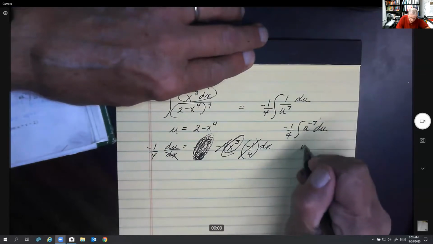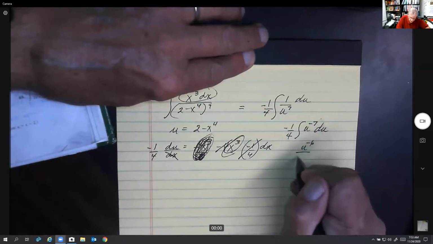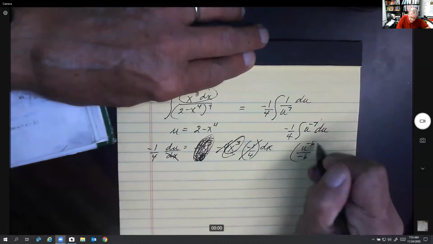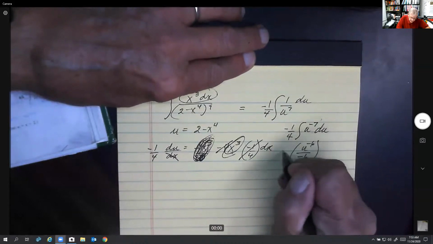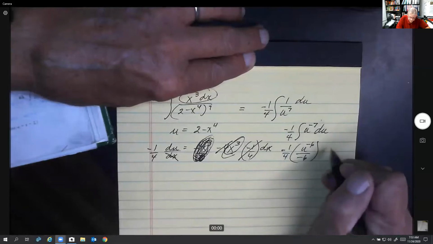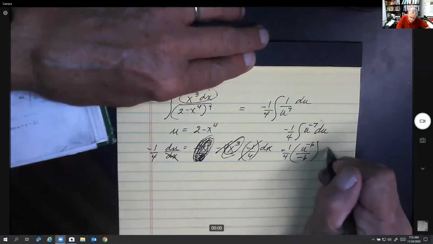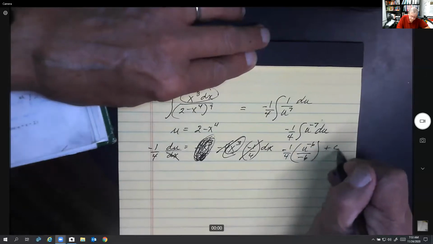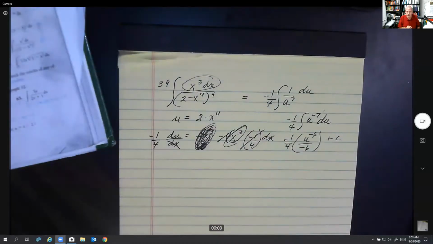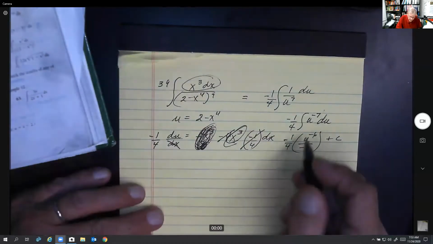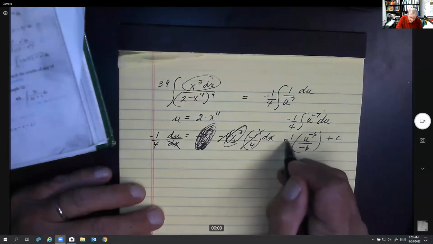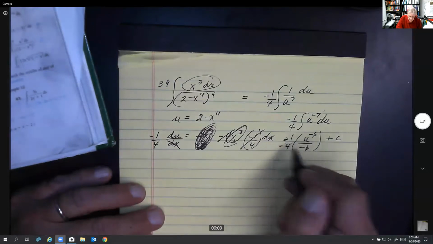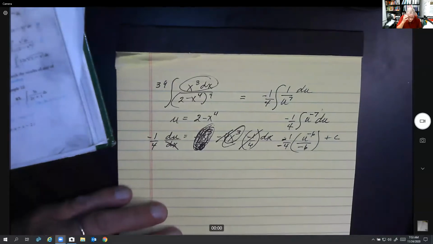So that'd be u to the negative 6 over negative 6 times the negative 1/4, plus c. Okay, so that's the integration of that. And again, negative 1/4 times negative 6, let's put the negative on the bottom. So that'll give me 24.